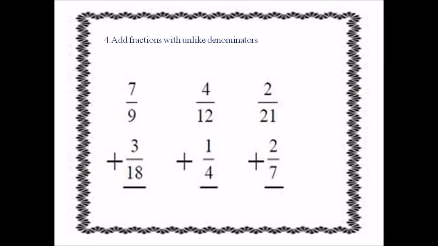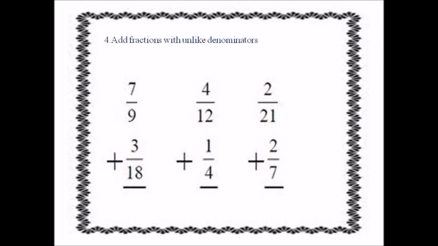Add fractions with unlike denominators. Here you have 7 by 9 plus 4 by 12 plus 2 by 21. Or you can add 7 by 9 plus 3 by 18, 4 by 12 plus 1 by 4, 2 by 21 plus 2 by 7.